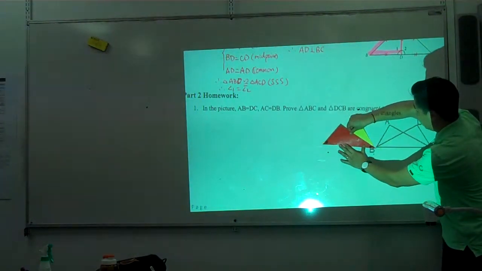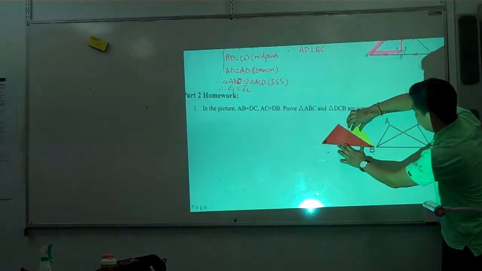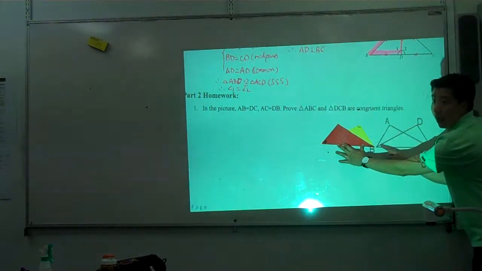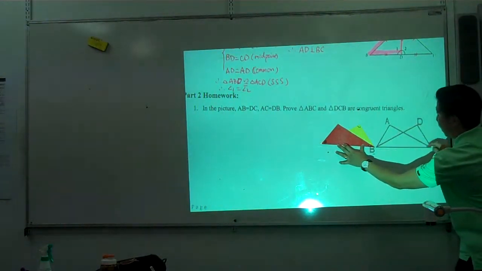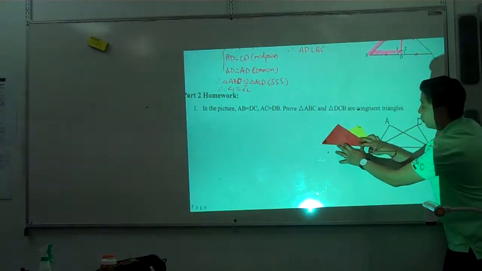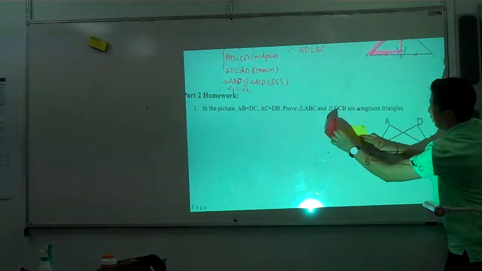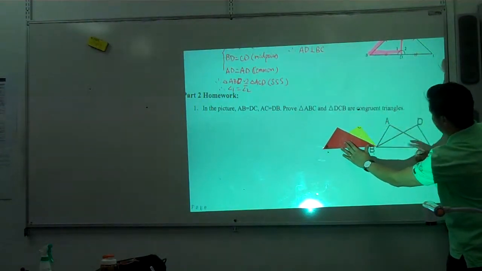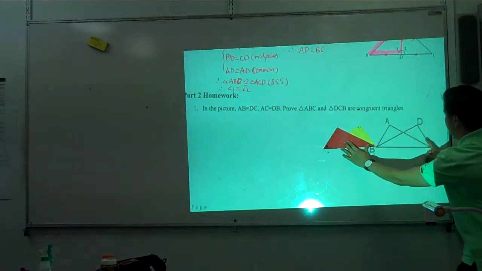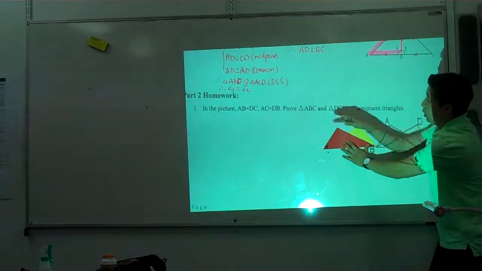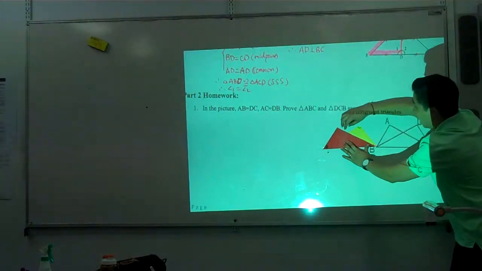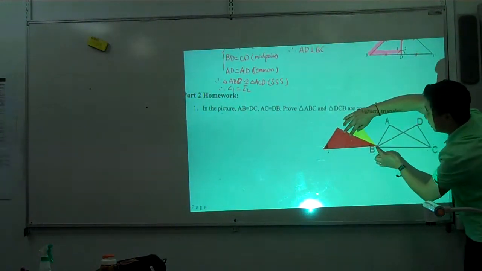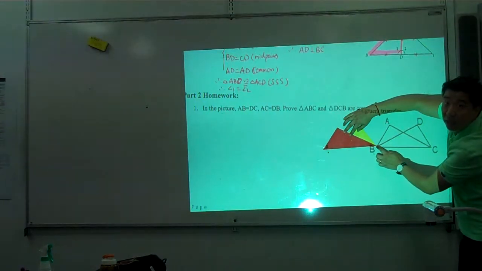Now we want everyone to have a look here, please. AB equals DC. It's no problem, because AB can cover DC like that. And here, AC equals DB. No problem, they're all given. The last sentence should be BC equals CB.